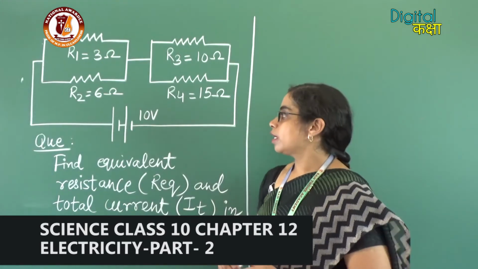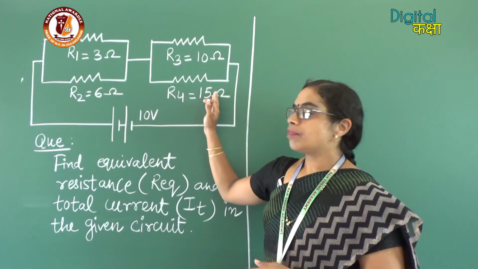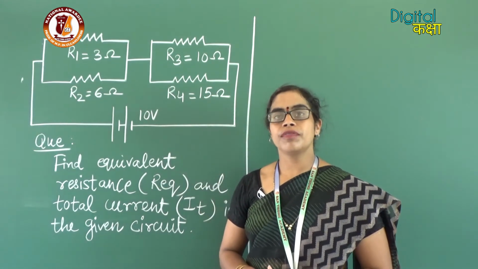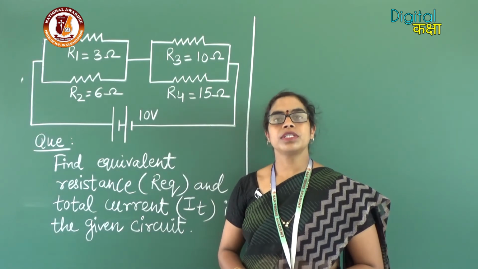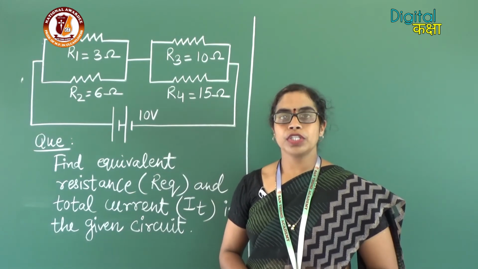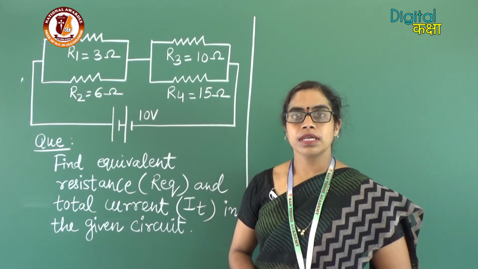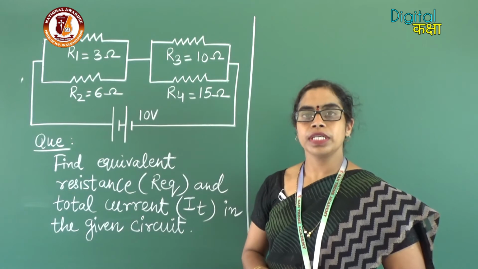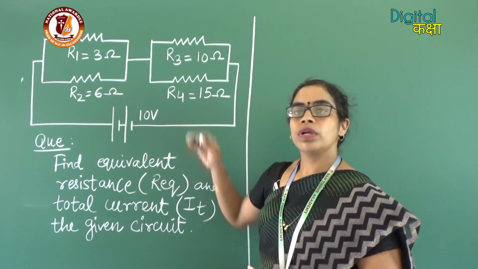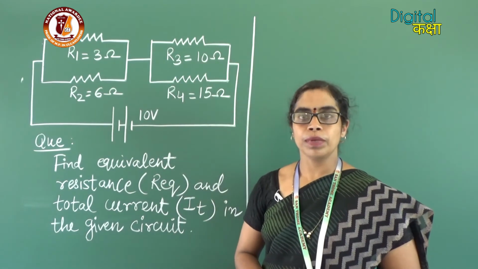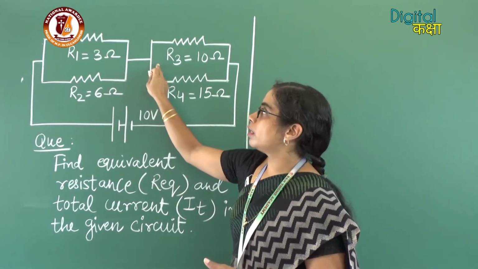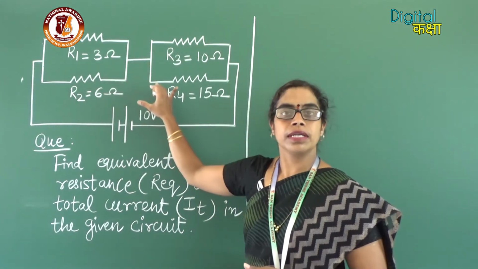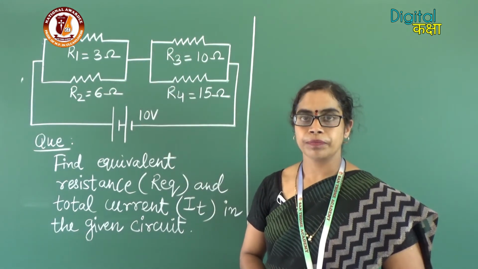In the next question, the circuit which is given contains 4 resistors of different values. This is the question of the mixed combination of the resistors, where the first 2 resistors are connected in parallel combination. 3 and 4 are also connected in parallel combination, and through this wire, this complete connection and this combination is connected in series combination.